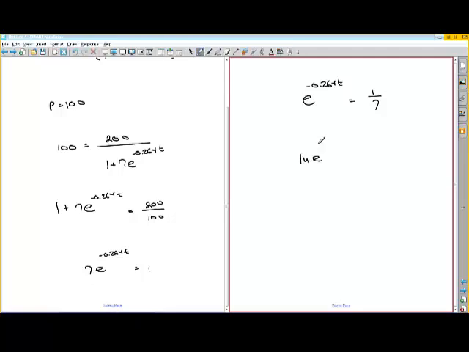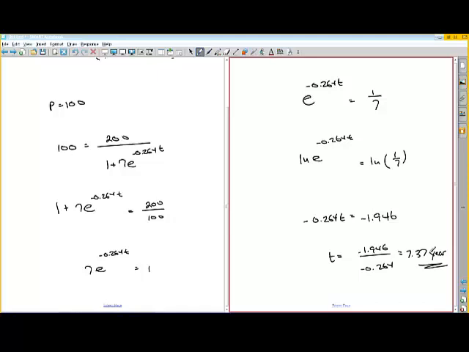Take the natural log of both sides. So we get negative 0.246t is equal to the natural log of 1/7, which is negative 1.946, and therefore t is negative 1.946 divided by negative 0.246, and we get 7.37 years.